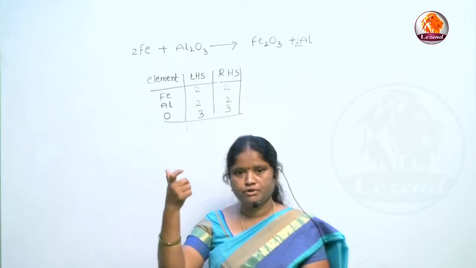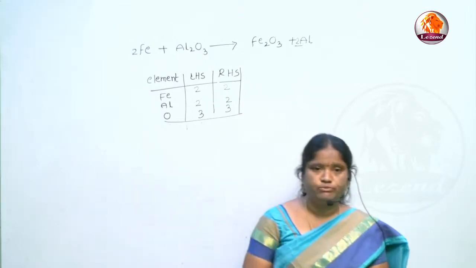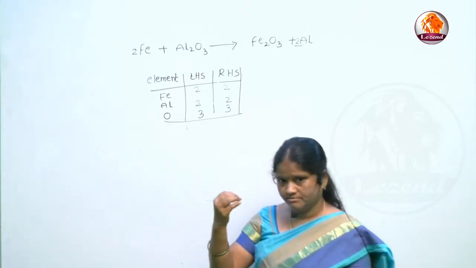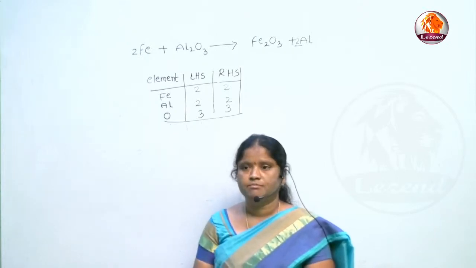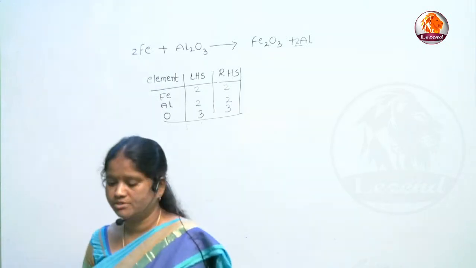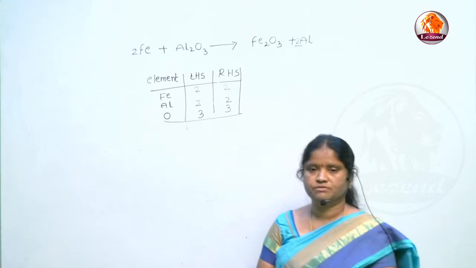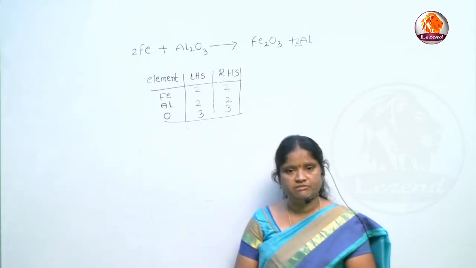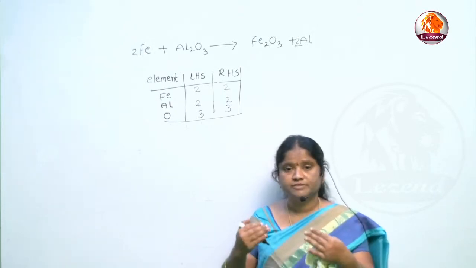Every time we need not follow 4 steps. Step 1: if they give a skeletal equation, we have to write the word equation. If they give the word equation, we write the skeletal equation first by using the proper symbols of the elements and proper formulas of the compounds. The unbalanced chemical equation we can write first by looking at the word equation.